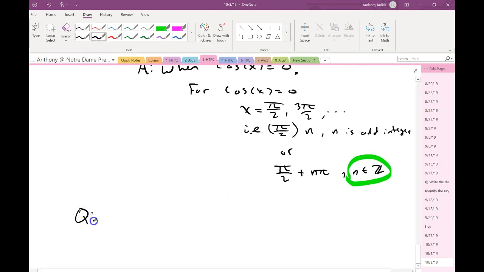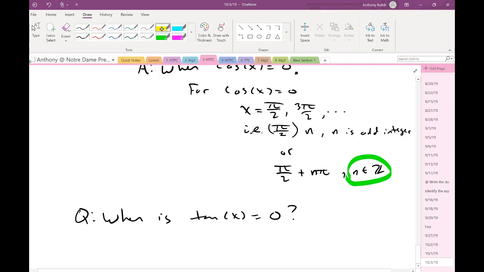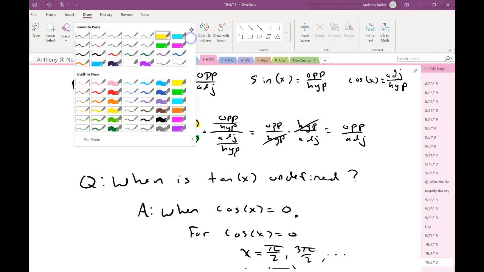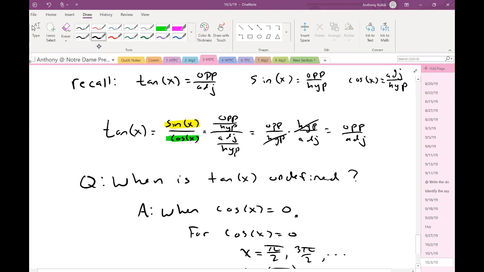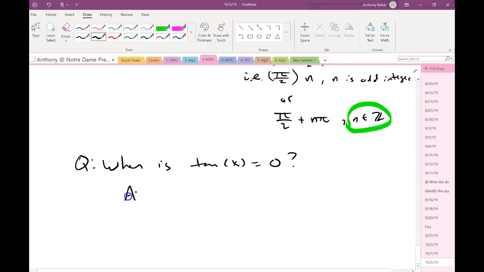My next question is, when is tangent equal to 0? It's a fraction. Tangent is a fraction, right? So it's equal to 0 whenever the numerator is equal to 0. So the answer is whenever sine is equal to 0.